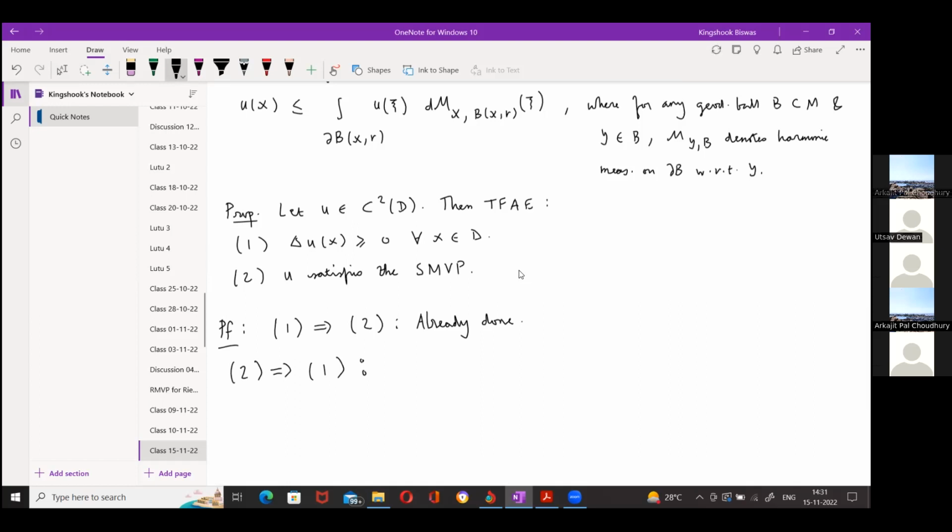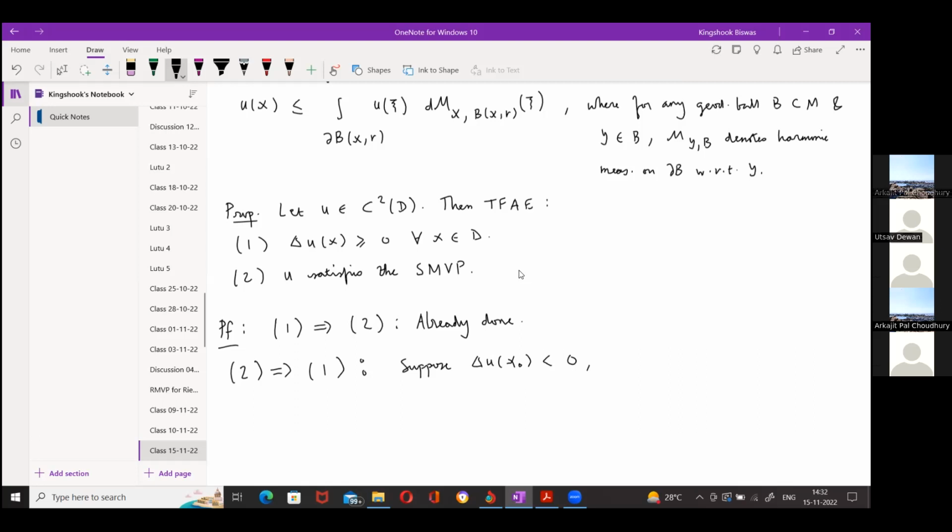So we prove by contradiction. So suppose not. Suppose that the Laplacian at some point x naught is strictly negative. Okay. Fine.